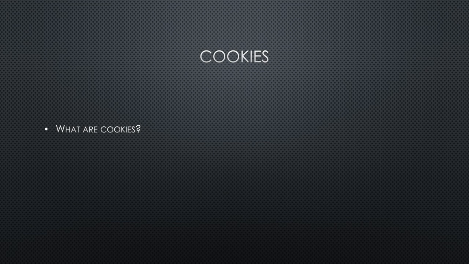Now, the law states that cookies can be used if they are essential to the functionality of the website or application, but then there's also non-essential cookies which we will now need permission to use going forward.